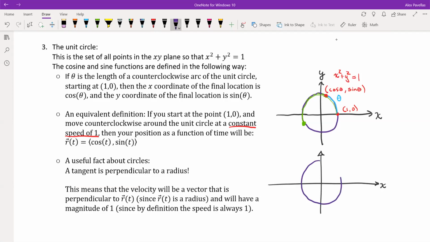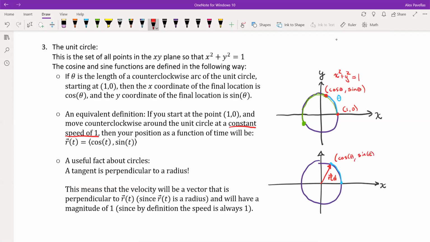So there's my circle. If I walk at unit speed right there, then this position vector right here would be a radius. So that would be r of t. And by definition, the x coordinate here would be cosine of t, and the y coordinate here would be sine of t.